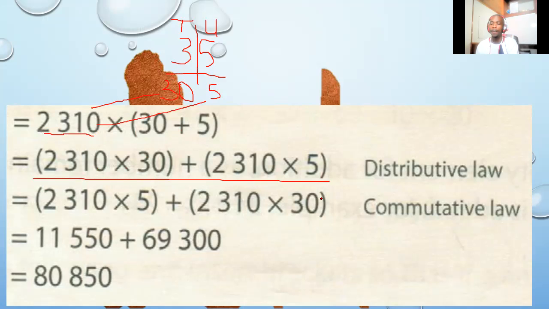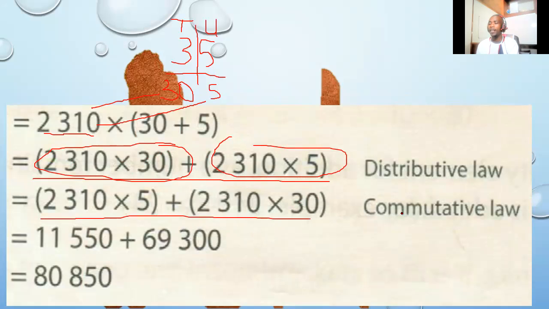So if we have done it like that, we call it the distributive property of whole numbers. You can remember that from the previous lessons. Or since we have started with 2,310 times 30, this one can come later. We can start with this one as it is done here. And this is the commutative property of whole numbers.